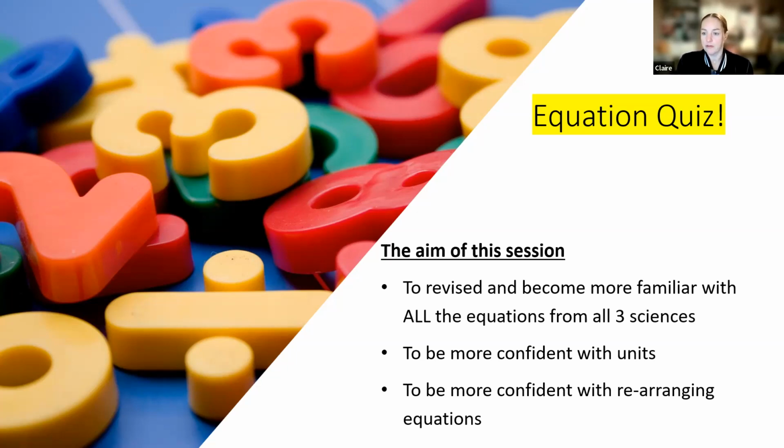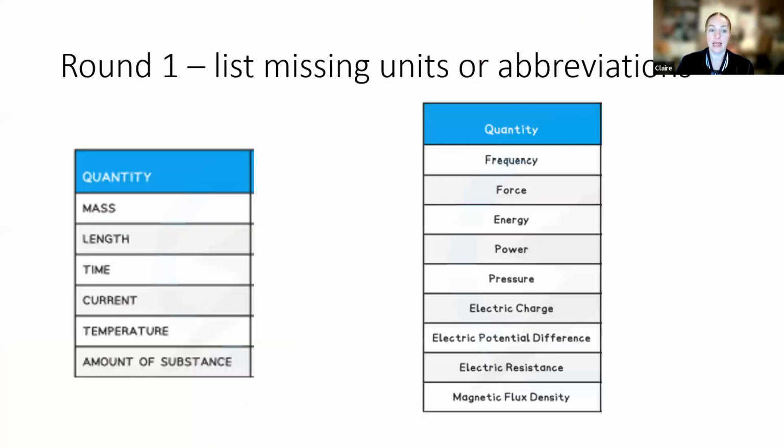But the first one, round 1, ding ding, is all about units. One of those sheets will really help you, but what you could do is also try and write down the abbreviation and the unit from whatever you can remember. You can just brainstorm, and then those that you struggle with, maybe refer to the sheet.